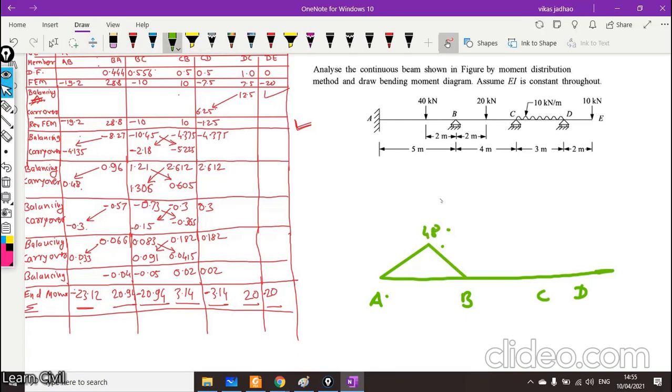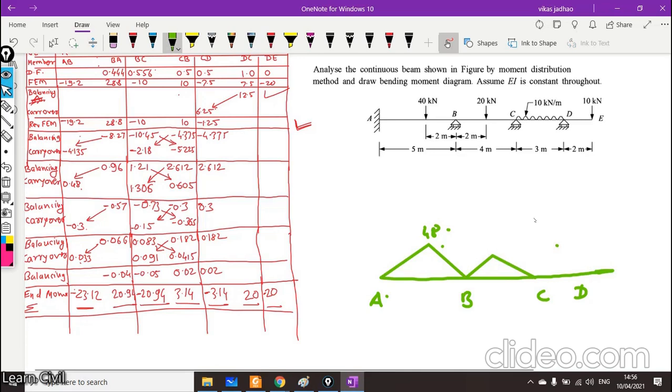Then for BC, this free bending moment value will be 20. So I'll draw the free bending moment diagram.